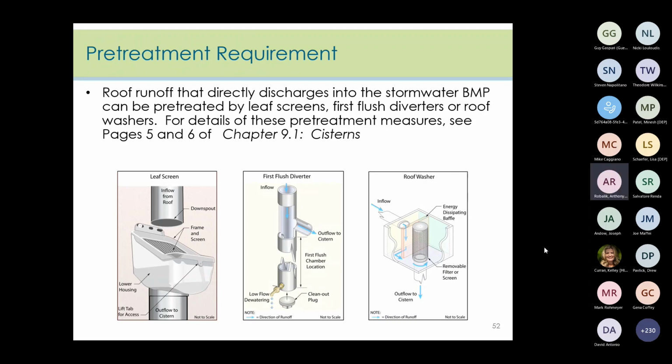So each of the subchapters in Chapter 9 were revised. Chapter 9 is now the BMPs that are small in scale and also meet the definition of green infrastructure or GI because they allow stormwater to be treated through vegetation or soil, provide for reuse or infiltrate runoff into the soil.